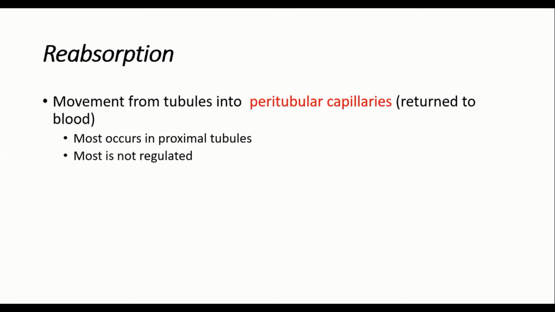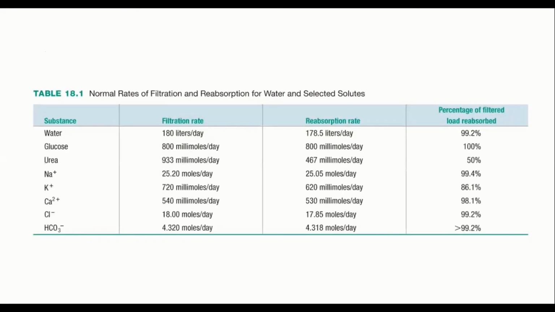So the proximal tubules come right after Bowman's capsule. And most of this is not going to be regulated. So we're not going to be thinking about these intrinsic and extrinsic factors much when we're thinking about what's happening in the peritubular capillaries. Now that won't be necessarily true when we get to other parts of the kidneys, but this first piece doesn't undergo much regulation. Okay.